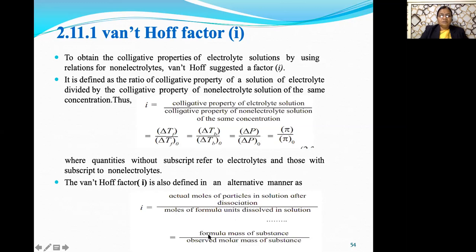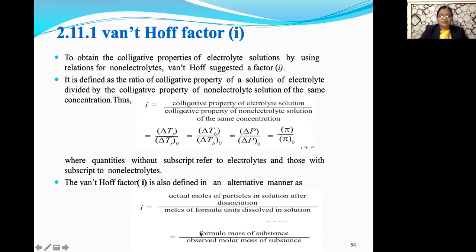Here, in terms of molar mass, it is exactly reverse. Try to understand here: the molar mass and number of particles are inversely proportional to each other. Now, the numerator, actual moles of particles in the solution after dissociation, will be inversely proportional to its molar mass, that is the observed molar mass. Same is the case for the moles of formula units dissolved in the solution, that is the denominator.